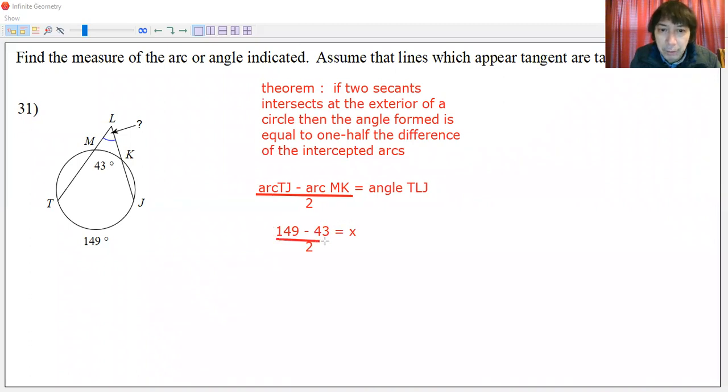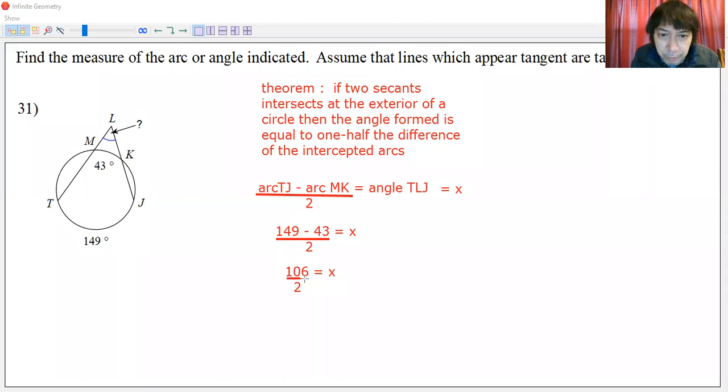Continuing with 149 minus 43, this is 106, divided by 2, equal to X. 9 minus 3 is 6, 14 minus 4 is 10, so we have 106 divided by 2.